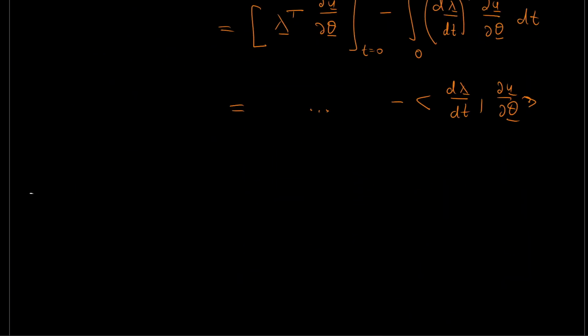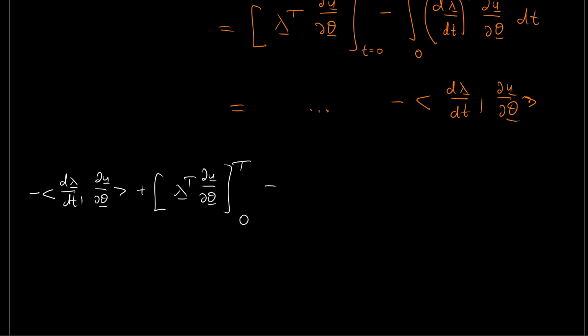So on the left hand side we will have minus d lambda by dt, the Jacobian of u with respect to theta in the functional inner product, plus, and then the boundary evaluation, so I just swapped the order here, this is lambda transpose times du by d theta, evaluated at t equals 0 and at t equals capital T. And then on the right hand side we still have lambda in inner product with Jacobian of f with respect to u, and then with du by d theta, and then plus lambda and Jacobian of f with respect to theta.